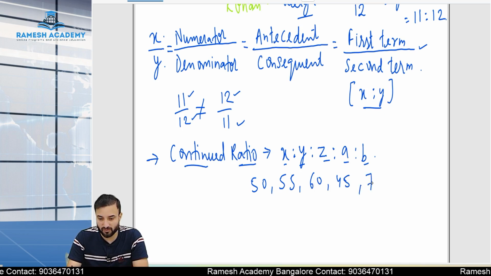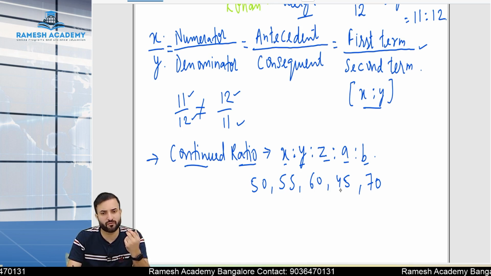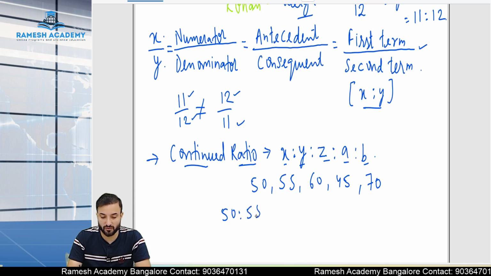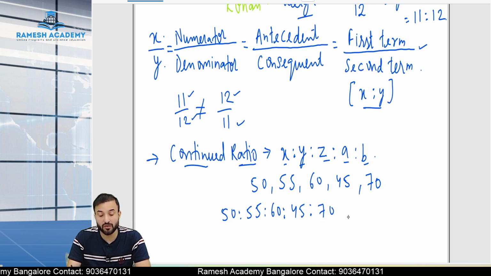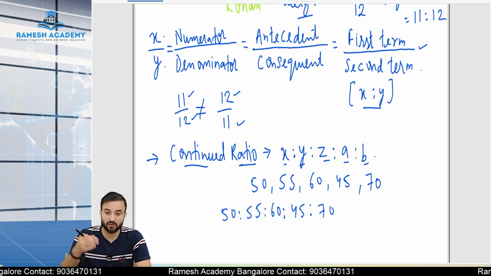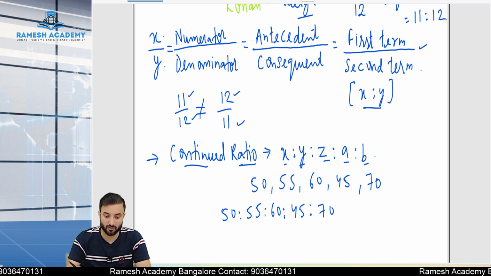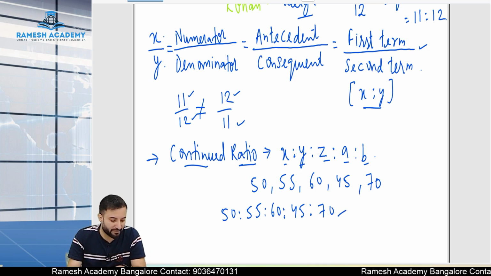Suppose this is the weight of 5 boys, and we have to do the comparison. This will become the continued ratio: 50 is to 55 is to 60 is to 45 is to 70. This is a continued ratio where the comparison keeps on continuing. That is the continued ratio, easy peasy.